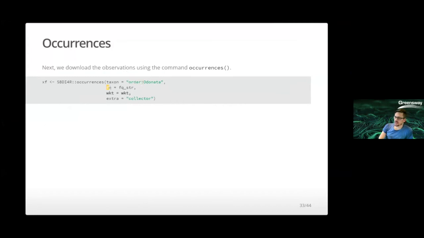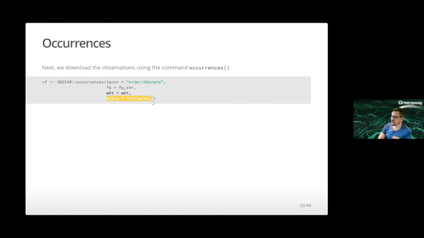Then you add the filter query, which adds the times and the spatial filter, but the spatial filter has this particular place, which is the WKT argument in the function occurrence. And then you have extra, if you want to add extra columns.